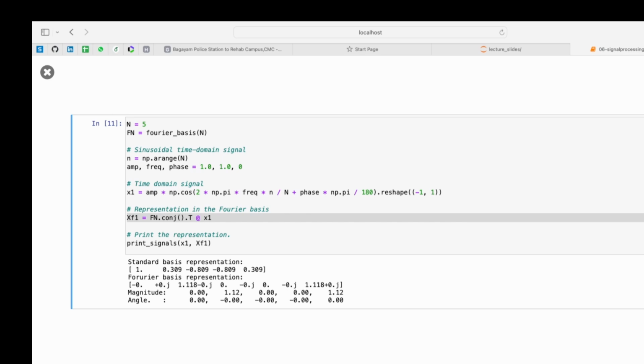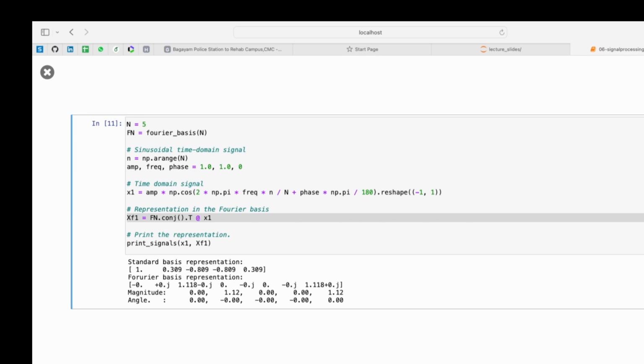That's because if you look at this signal, it looks very much like one of my basis signals, which was of the form e power j 2 pi k by n. So it turns out when you compute the Fourier of this, you have a lot of 0 values and a few non-zero values.